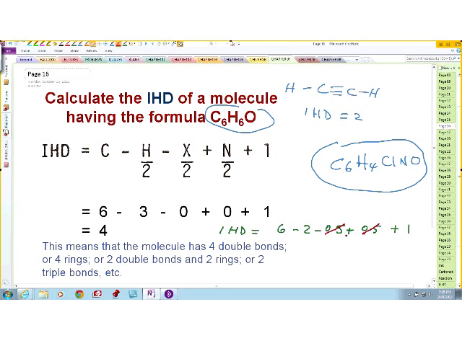So we have 6 minus 2, that is 4, plus 1. So the IHD for this is 5.